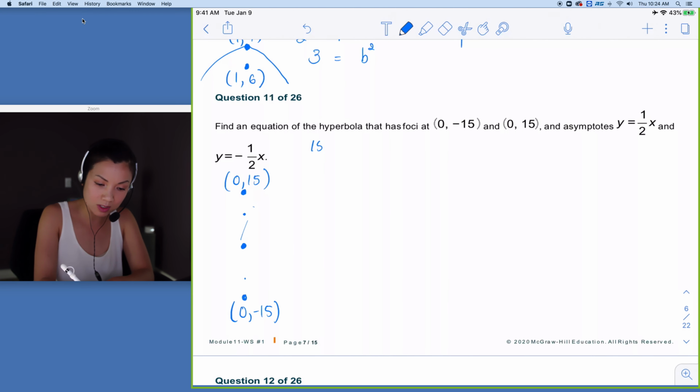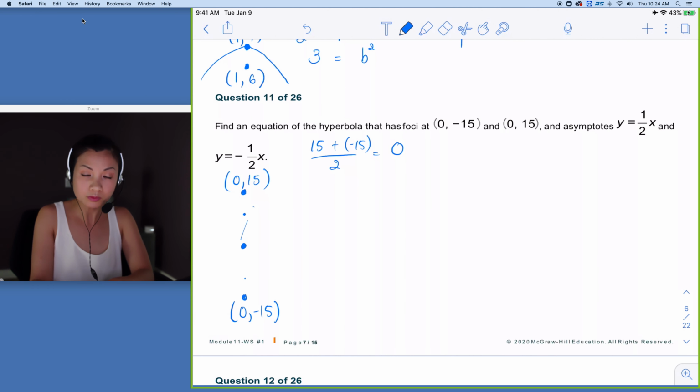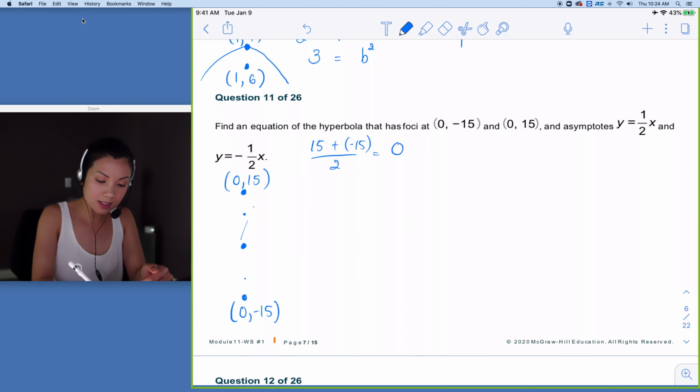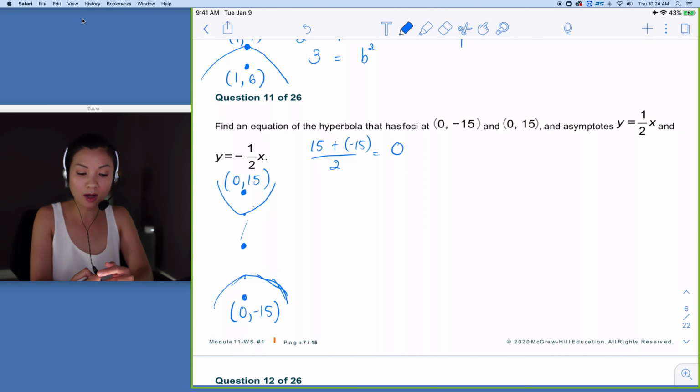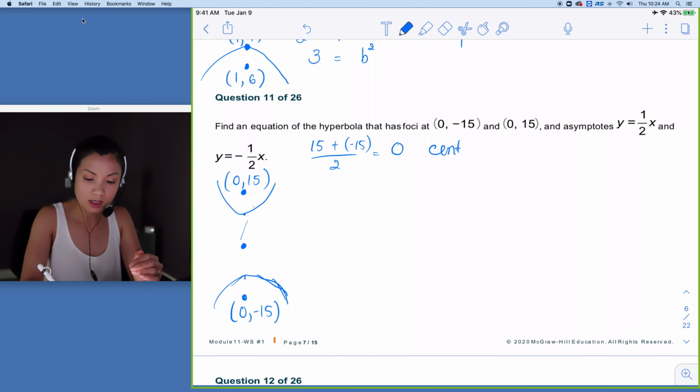All I have to do is take 15 plus negative 15 divided by 2. So you can see that we have 0. Now, based on all the points, you can tell that we have the hyperbola like this. So I know that y is going to be positive. I know the center is going to be 0, 0.